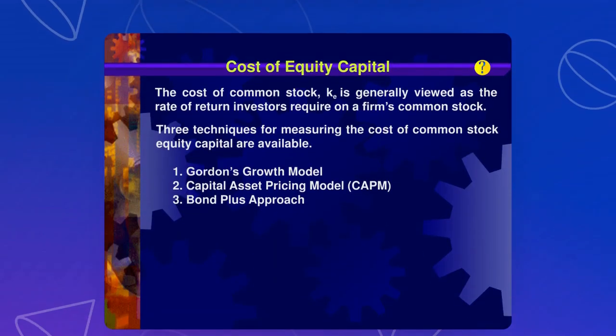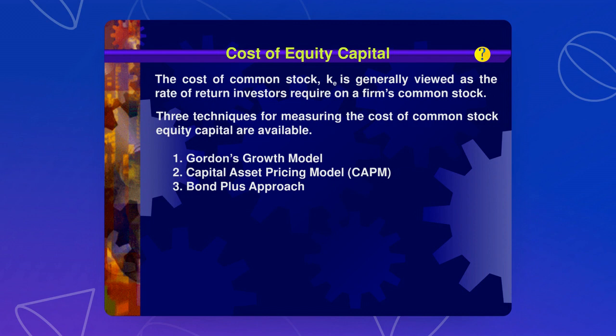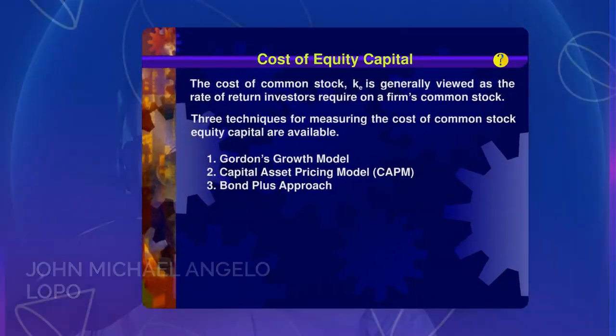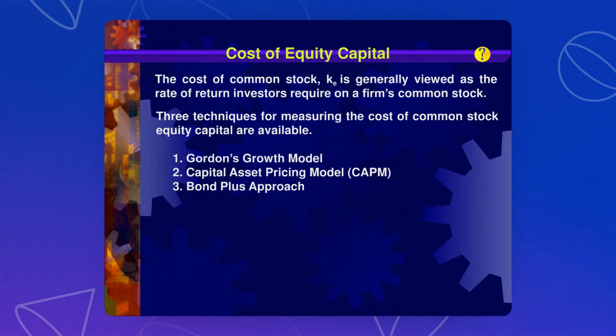Now, next one is all about cost of equity. Alright, so what does cost of equity mean, class? It is also known as the cost of ordinary shares. The cost of the common stock, KE, is generally viewed as the return that investors require on the firm's common stock. So it is more on the return on your common stocks.